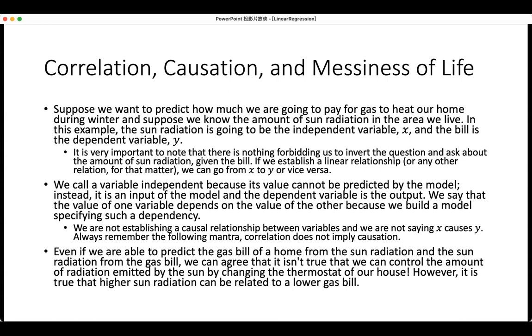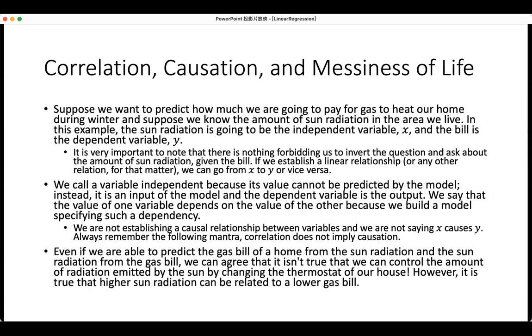The causal relationship says X causes Y. We have actually mentioned this: correlation does not imply causation, even though two variables may have strong correlation.